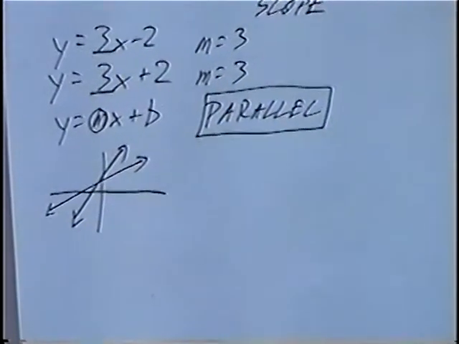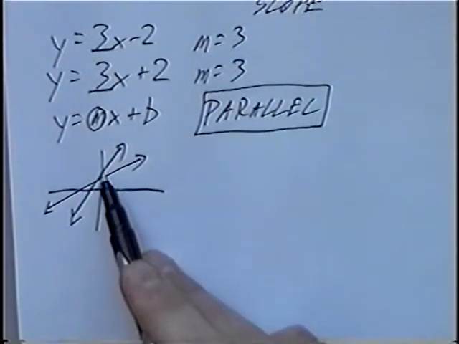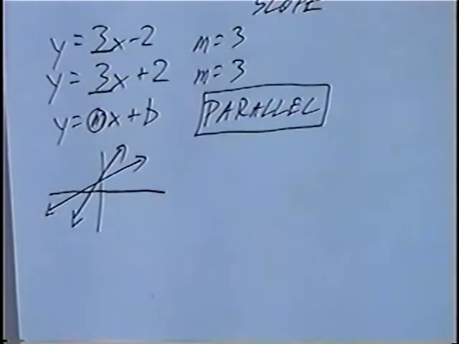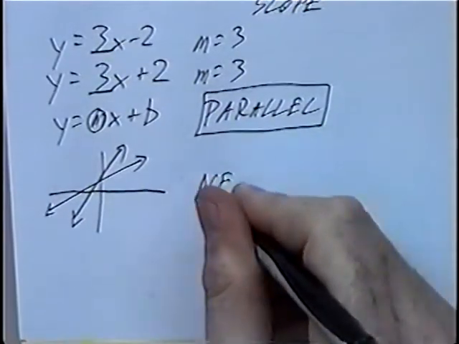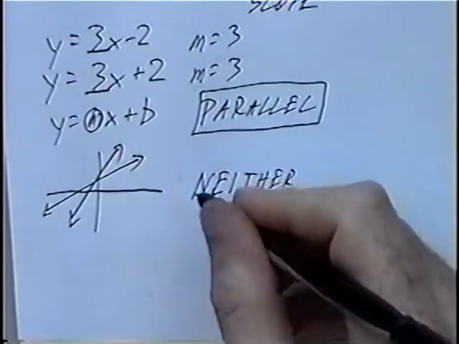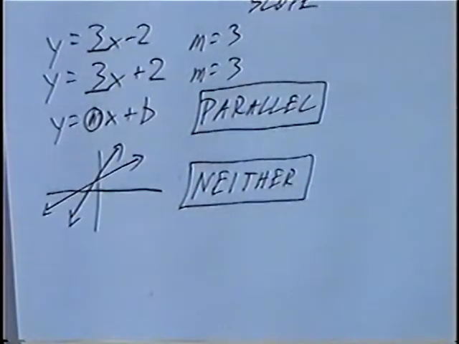Since these cross, they're not parallel. Perpendicular lines, when they cross, make a 90-degree or right angle. This is not a 90-degree or right angle. So if it's not parallel and not perpendicular, these lines would be neither. So it's not parallel or perpendicular.